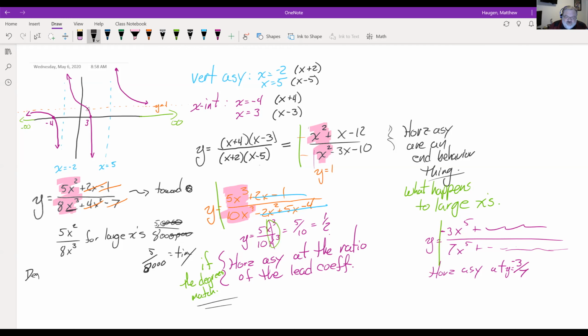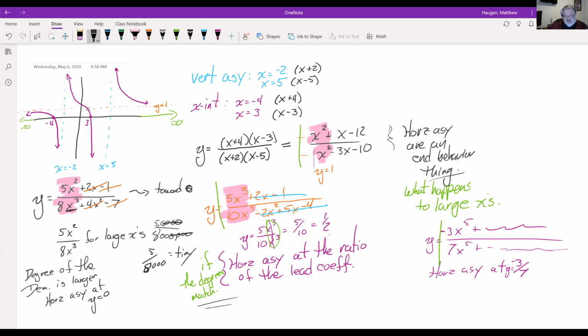If the degree of the denominator is larger, then it's going to shrink everything down. Going to have big denominators with numerators that can't compete. So if the denominator is larger, we always get that horizontal asymptote at y equals 0.